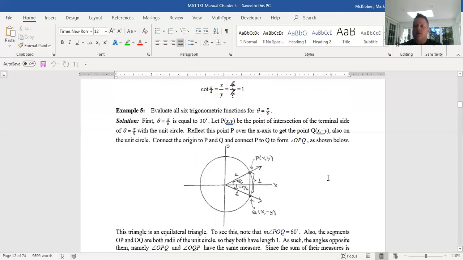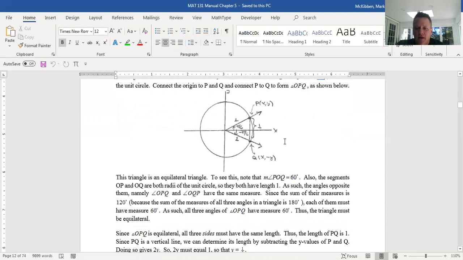But since the three angles in a triangle add to 180, subtract the 60 that we know this guy is from 180 to get 120, those guys are equal, so both have to be 60. And so therefore, this is an equilateral triangle, which means all three sides have the same length.